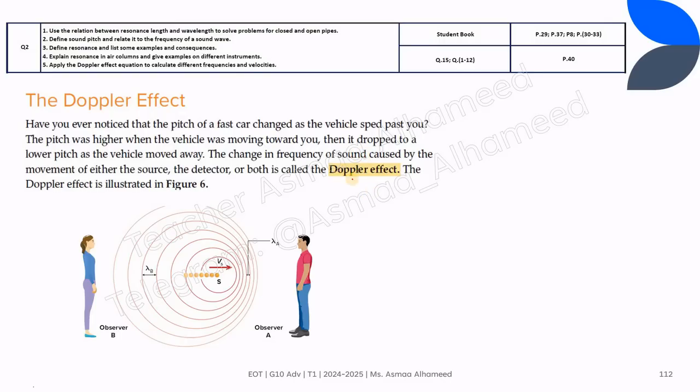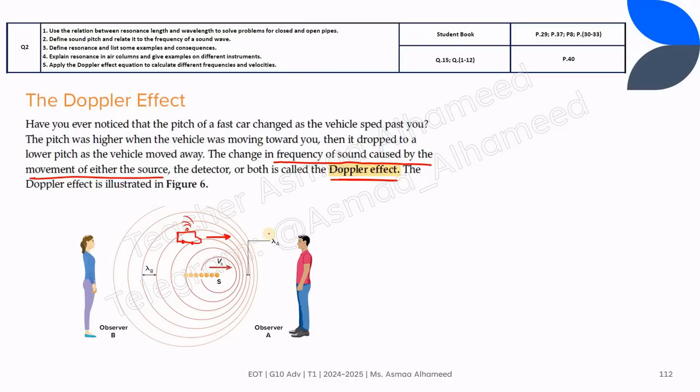Let's start here with the Doppler effect. The Doppler effect is an effect that you hear or see because there is an object that is moving with the sound on it. So there is a movement that changes the sound that you are hearing. Either the sound is higher or lower, or you hear a high pitch sound or a lower pitch sound. Now let's say that you have an ambulance that is emitting a siren sound and it's coming to you.